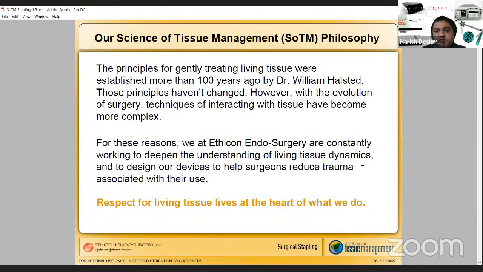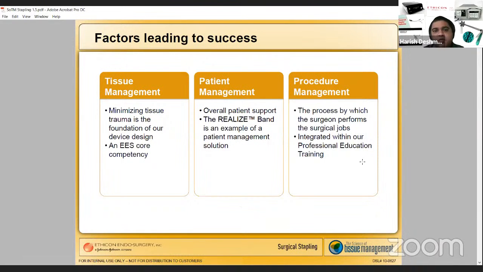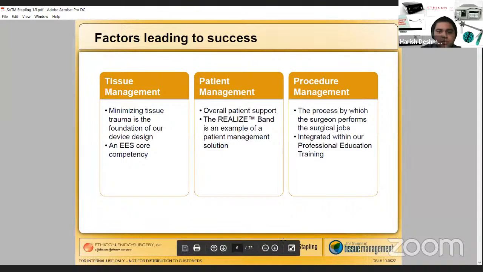So in J&J, in Ethicon Endosurgery or Ethicon, we always work on the same thing, understanding the living tissue dynamics, so that with our devices, we help reduce trauma associated with the tissues during handling. So when talking about tissue management, it is minimizing the tissue trauma, the foundation of our device.